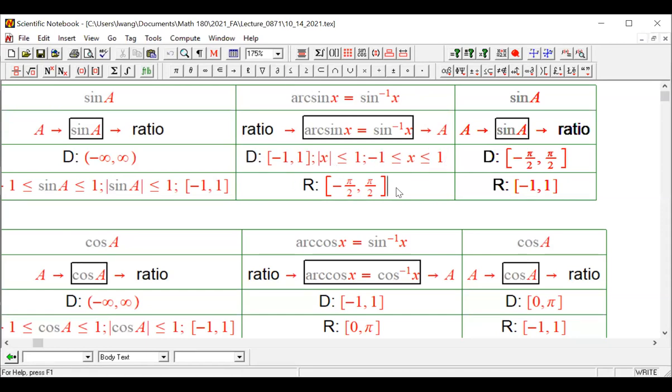And for the range, we have the interval form, which we said is oftentimes the least useful, and we have all these other forms: -pi over 2 less than or equal to ArcSine and less than or equal to pi over 2.